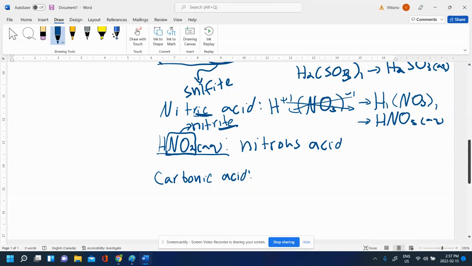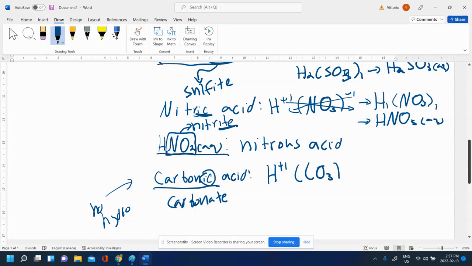Lastly, we'll do carbonic acid. Carbonic, IC, that means that was from carbonate. This is not binary because there's no hydro in the front. So we're going to have H plus 1, carbonate, in brackets CO3 minus 2.